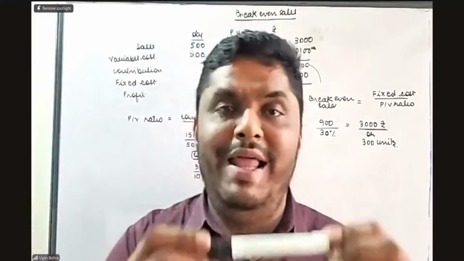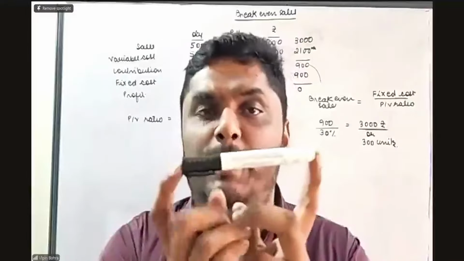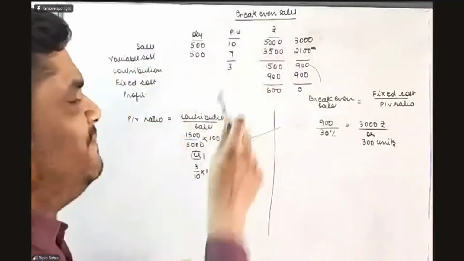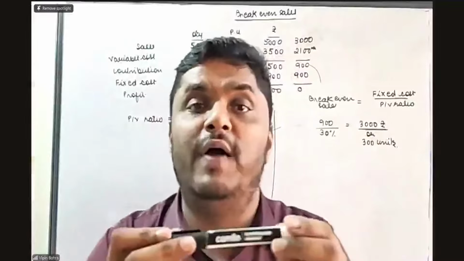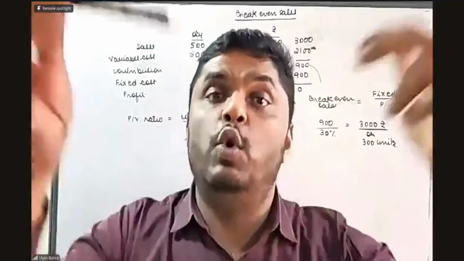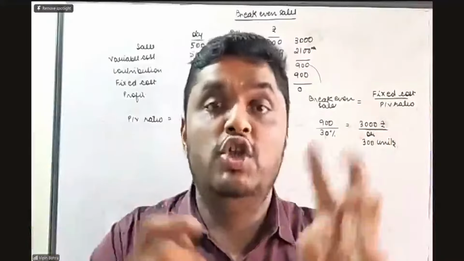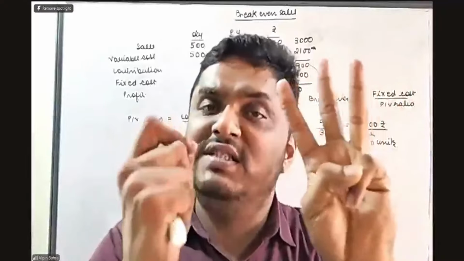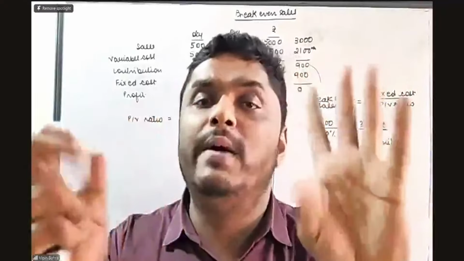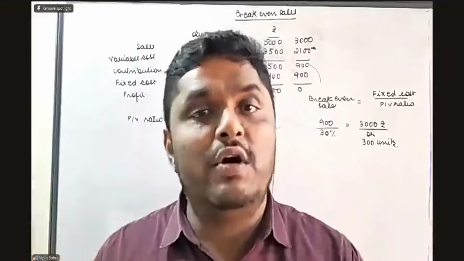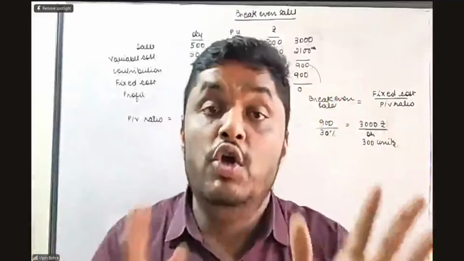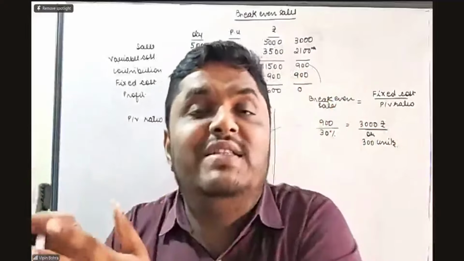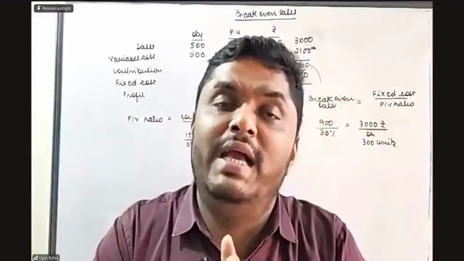Okay. So now let's say I'm the manufacturer of this marker pen. This marker pen is manufactured at a variable cost of how much? 7 rupees. And sold at rupees how much? 10. So per pen, how much I am saving? Rupees 3. Now my first target will be what? To recover my fixed cost. My fixed cost is how much? 900. So how many pens should I manufacture and sell so that I can recover 900?